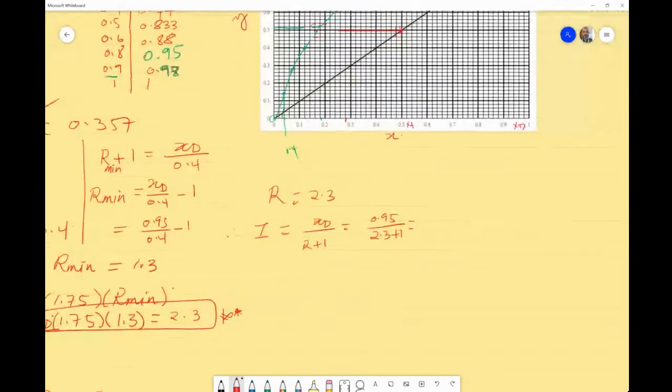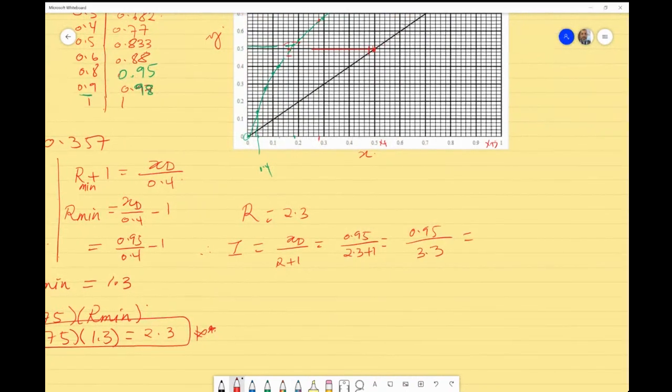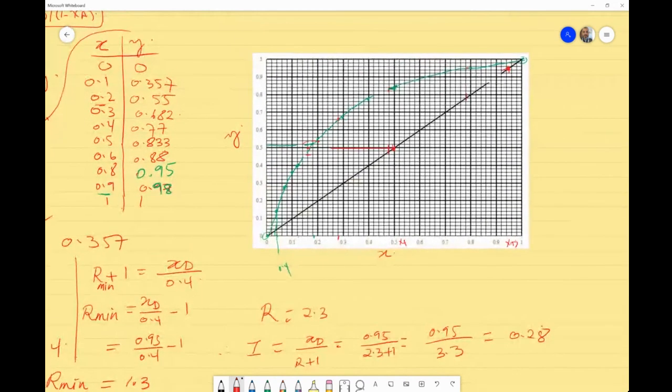What would be the value here? 0.95 divided by 3.3 is equal to 0.28. So my new intercept is going to be 0.28, let's say 0.3. So it's going to be somewhere here.